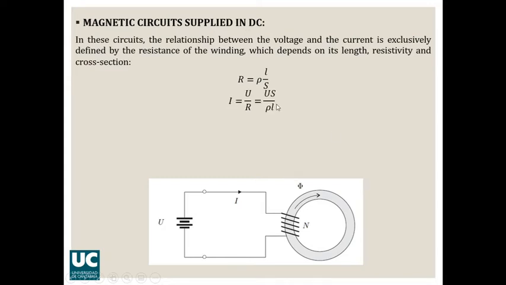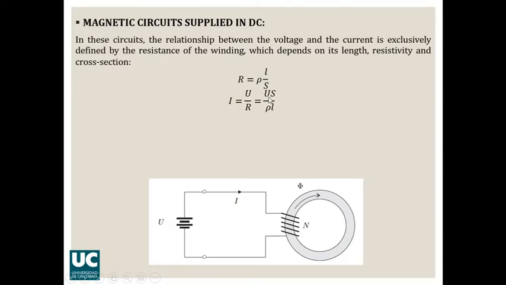If you have the resistance of the circuit, then this current here, by applying Ohm's law, you can have that the current is the voltage divided by the resistance. So if there you introduce this resistivity, length, and cross-section, you will get to this expression.